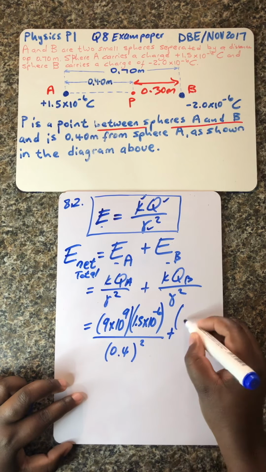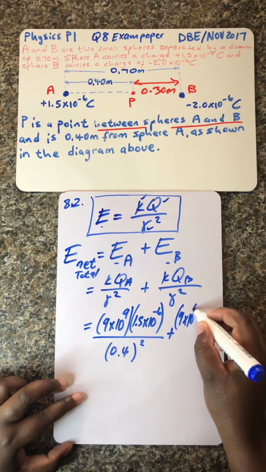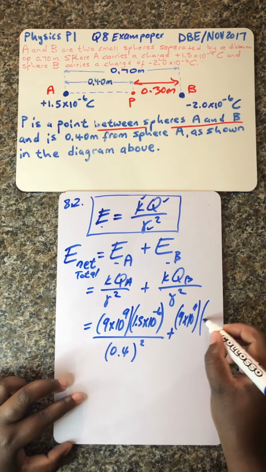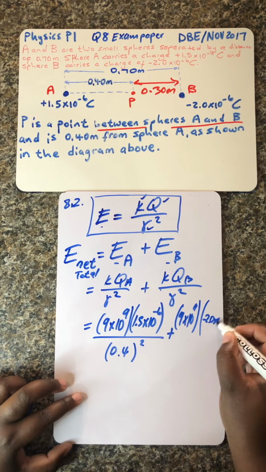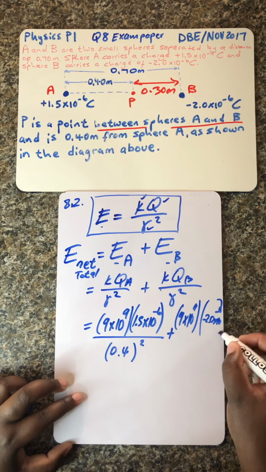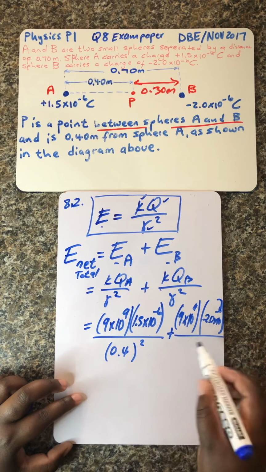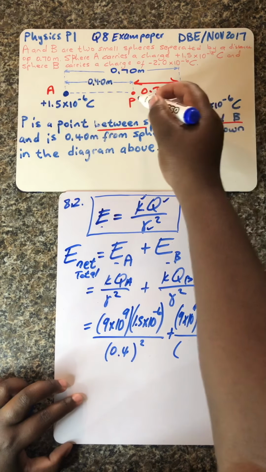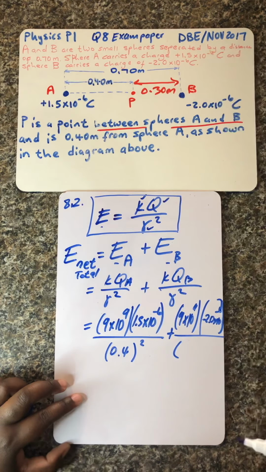Plus, you do the same: K, it's 9 by 10 to the exponent 9. And then what is the charge of B? It's negative 2.0 by 10 to the negative 6, all over the distance from P to B.